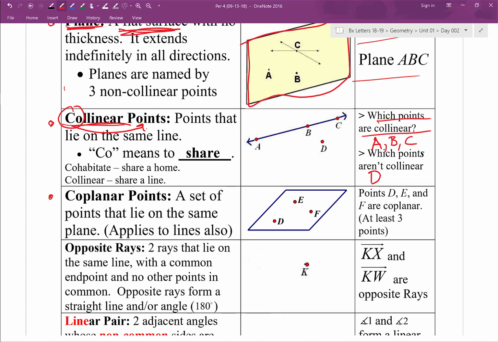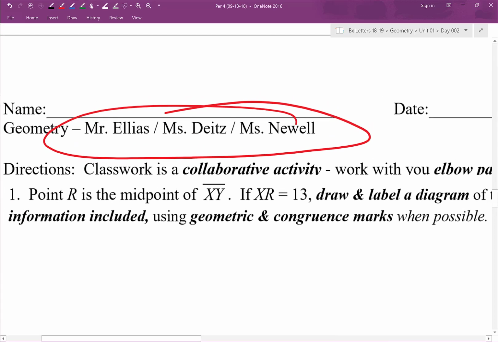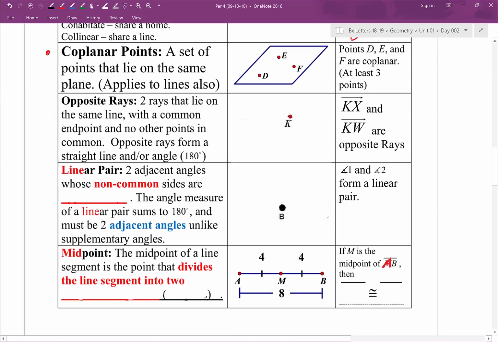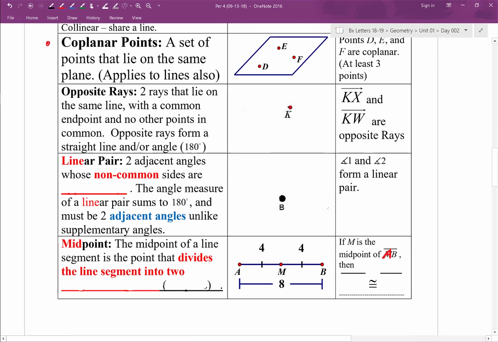It was just a joke. It's a teacher joke. These are all the teachers that I share a class with. All right. Where's Miss D?